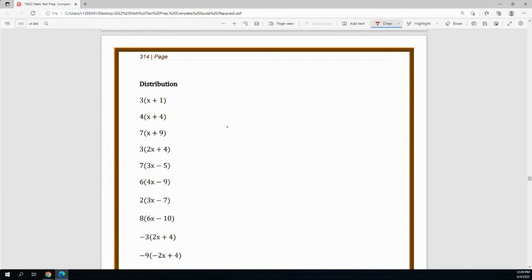Distribution is about multiplication. And we talked about distribution in this way. For instance, let's use this first example. It says 3 times x plus 1. So what we're going to do is distribute.